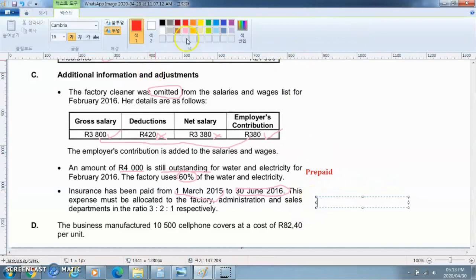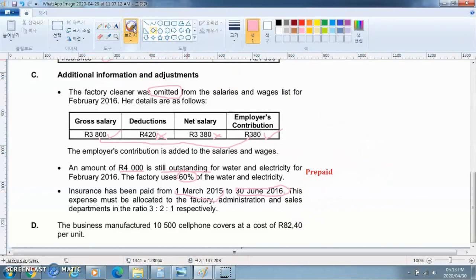Now the next step is to use the information given to make sense of everything. This is prepaid, as we said. For how long? Remember, the accounting period ends on the 29th of February every year, so from 1 March 2015 to 29th February 2016. That's a 12 month period, so we have additional months here.